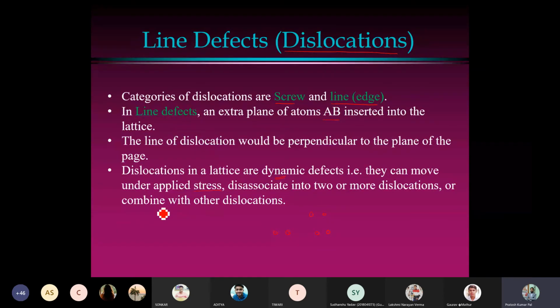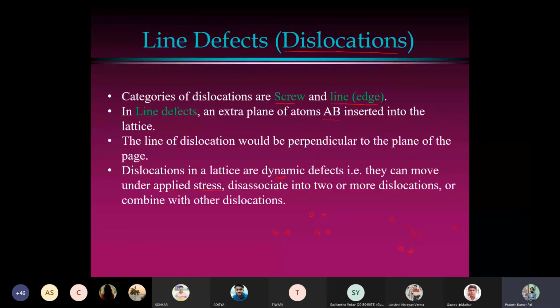So 2 can combine. Suppose one is here and one is here. We have applied the stress. After the stress, these 2 have combined and come together. These dislocations are basically not fixed at a particular crystal location. They can move based on the stress applied to the crystal.